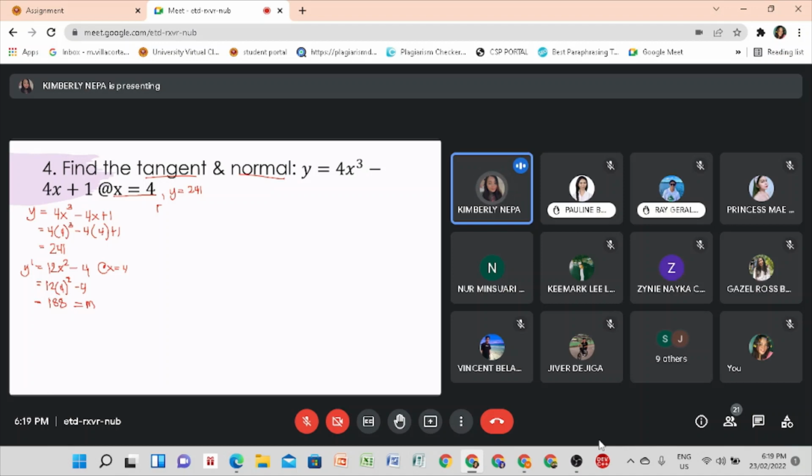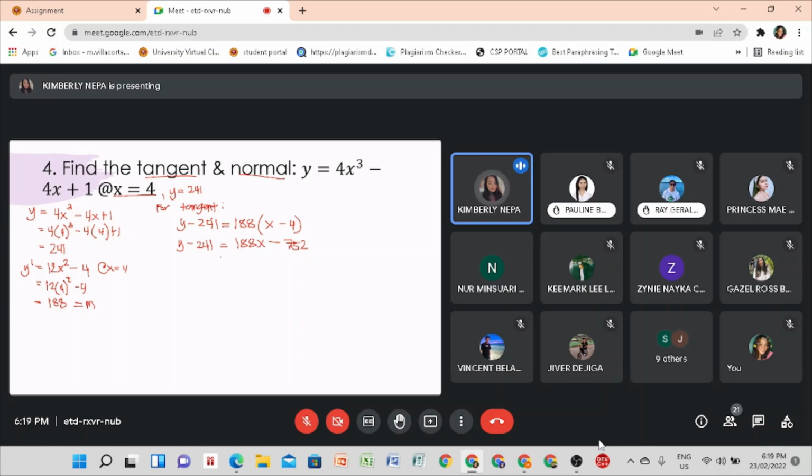So for the tangent, y minus y sub 1, which is 241, is equivalent to 188 times x minus 4. So this would be y minus 241 is equivalent to 188x minus 188 times 4. 752, po.